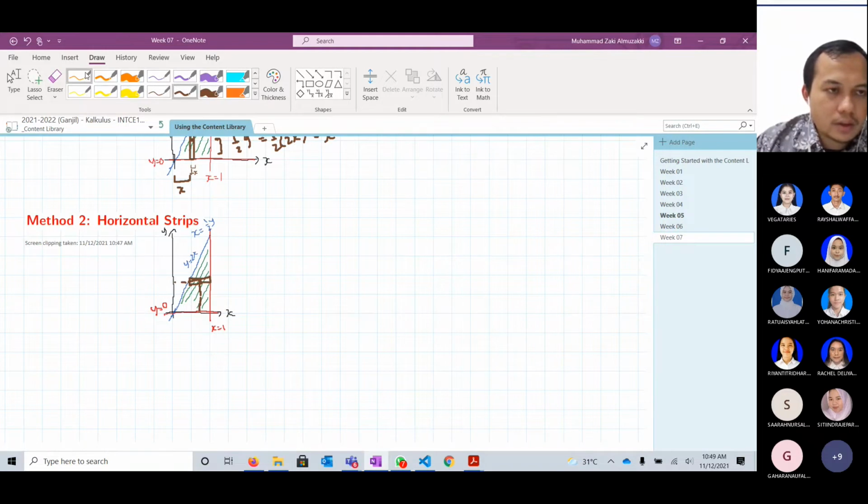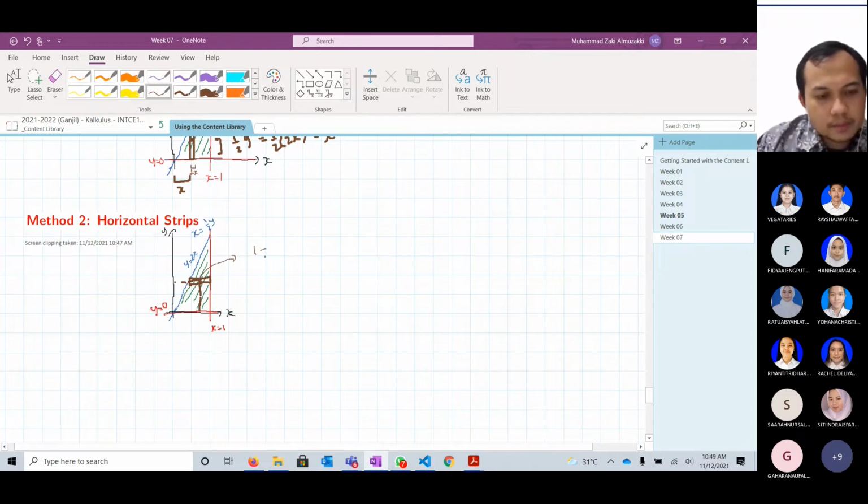The position of the dot is 1 minus half of y, plus 1, divided by 2, or 2 plus y over 4. So in this case, this part is 2 plus y over 4, while the height is y.